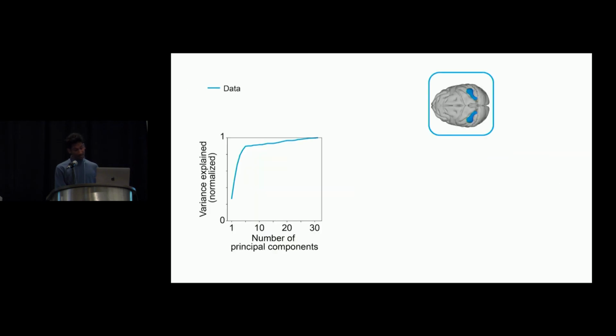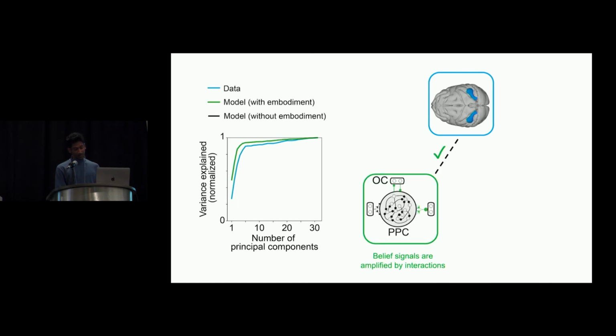Now we can go a step further and try to decode that same variable, but by retaining only a subset of principal components in the activity of posterior parietal cortex. It can be seen that most of the information is in the leading principal components. So the ability to decode is very high if you only retain the top 5 or 6 principal components.